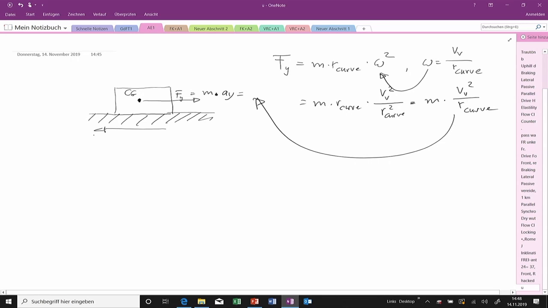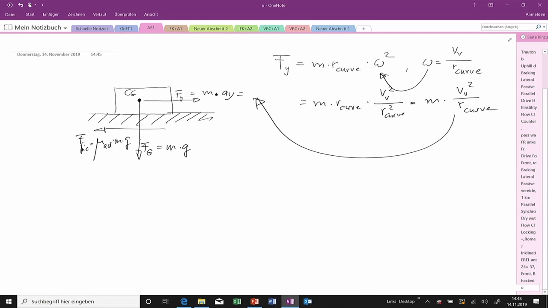Of course, we also have here a gravity force, which is m times acceleration of gravity. And this causes a friction force which is mu at maximum. If we don't exceed the maximum, we can use mu at. So these are both forces.